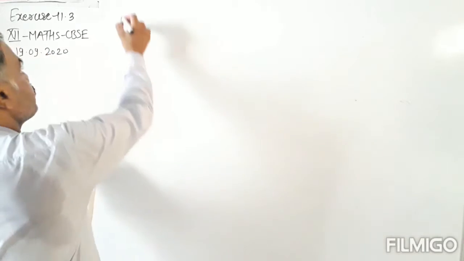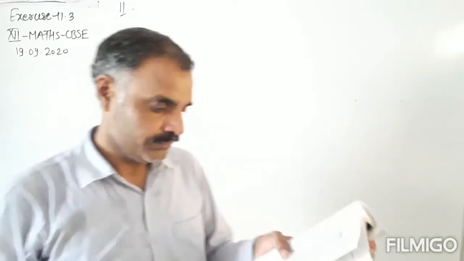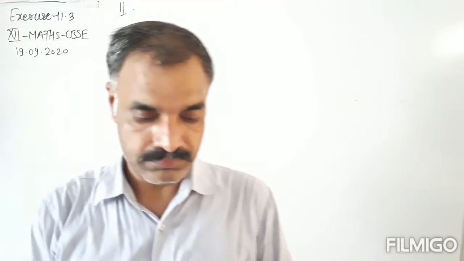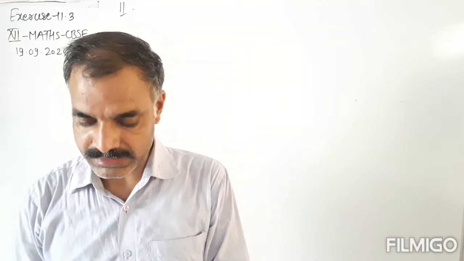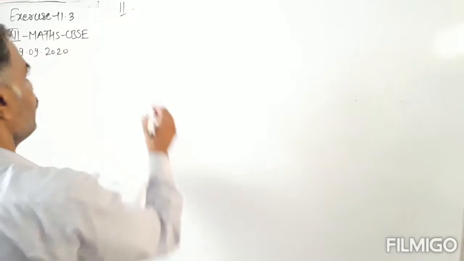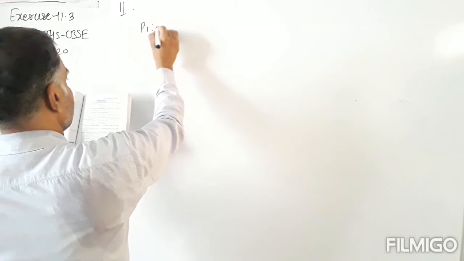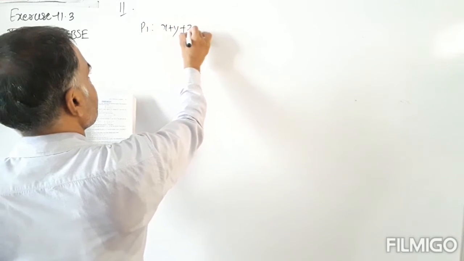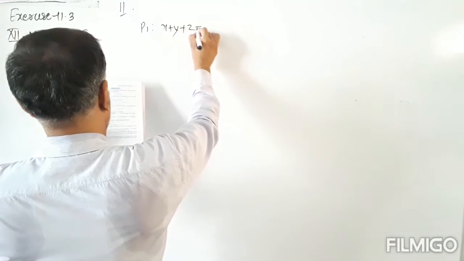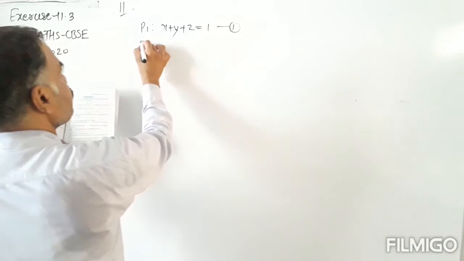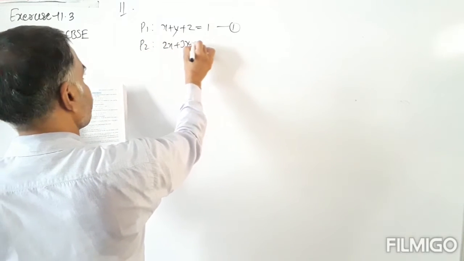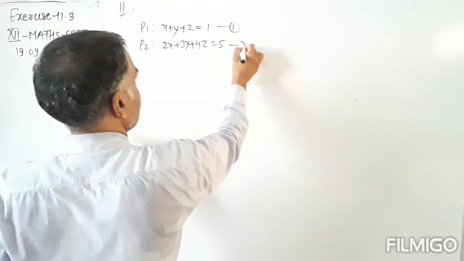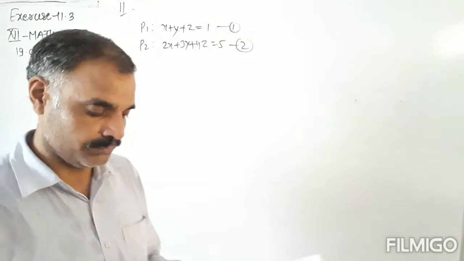Question number 11 is: find the equation of the plane through the line of intersection of the planes P1, that is x plus y plus z equals 1, and P2, 2x plus 3y plus 4z equals 5. This is the second equation of plane.